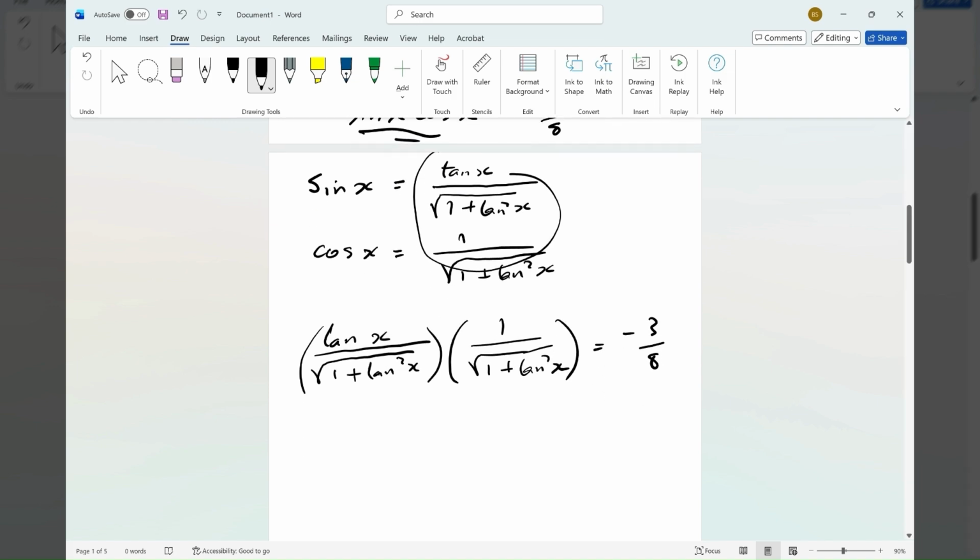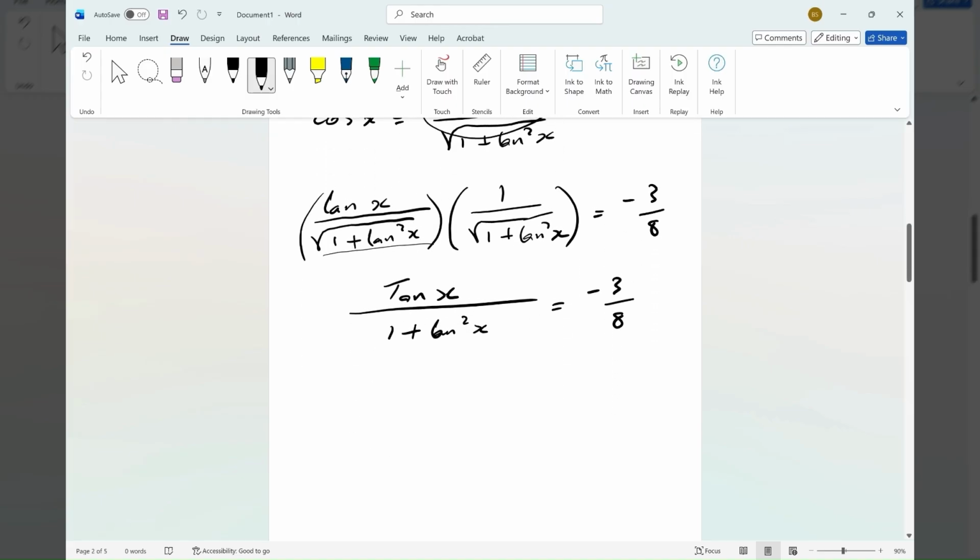Now let's multiply this out. Tan x times 1 is tan x, and if we take the square root of 1 plus tan squared x multiplied by itself, we are only left with 1 plus tan squared x, which is now equal to negative 3 on 8.